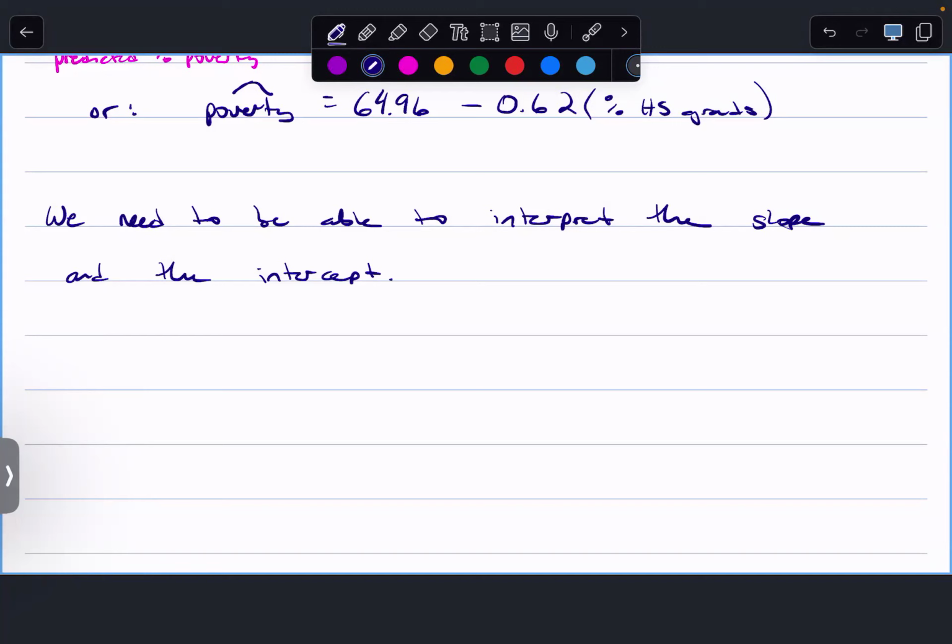And so what I want you to do, just like we've been memorizing the interpretation of the confidence interval and memorizing potentially the interpretation of the p-value in your conclusions, right? I'm going to give you the bare bones definition of the slope and the intercept, and then it's your job to apply it to the specific question, right?